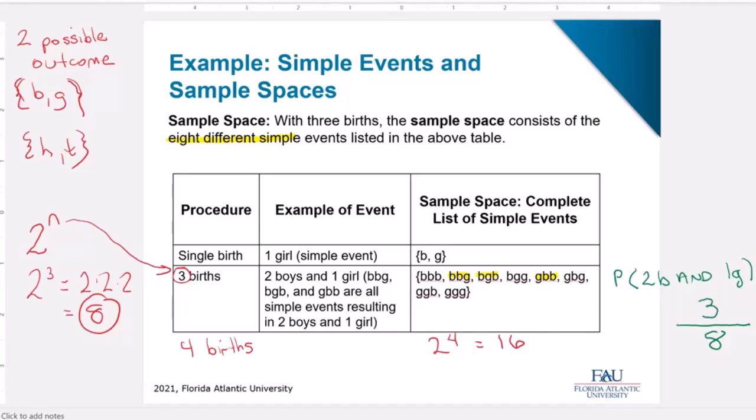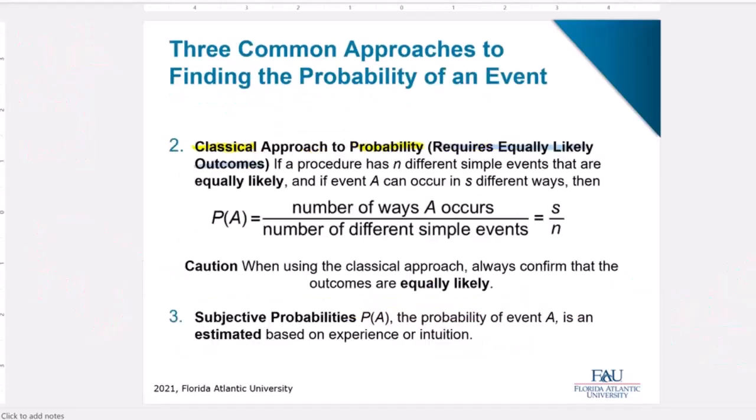I could turn it into a decimal. I can multiply it by 100, get a percentage, but this is definitely less than 1/2. It is less likely than a 50-50 chance. When using the classical approach, we always have to make sure that the outcomes are equally likely.